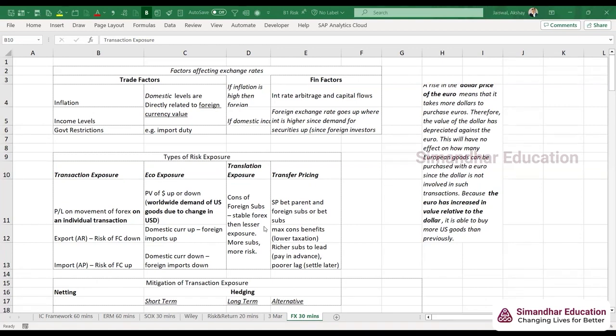Now, as of the settlement date, if yen is going up, then will it be a gain for us or a loss for us? In case of AP, we need to pay the Japanese vendor. So if the yen is going up, we'll have a loss or a profit? Correct.